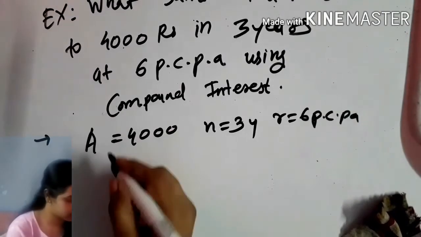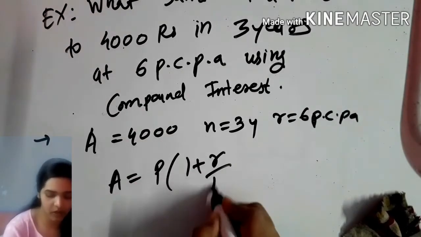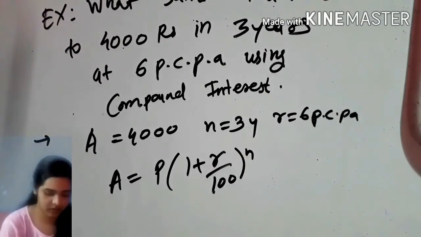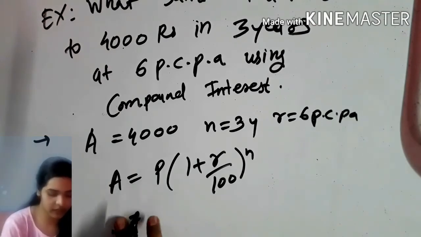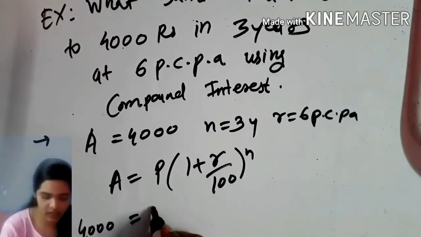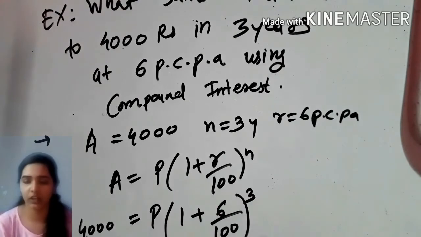Let's calculate this. Amount is P into 1 plus R upon 100 raised to N. A is given, that is 4000. Principal is unknown. 1 plus R is 6 upon 100 raised to 3.